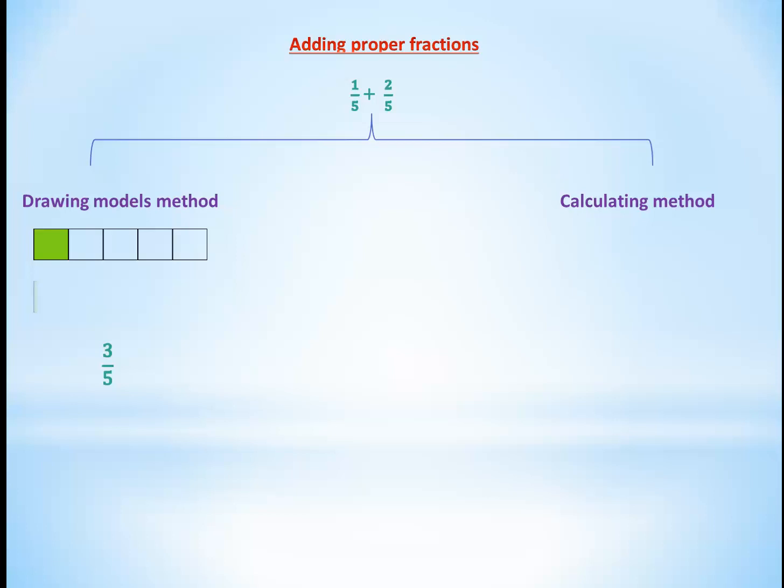This is 1/5 and this is 2/5. So how many do we have? 1/5 plus 2/5 will be 3/5. We will keep the denominator and add the numerator. Keep the denominator 5 and add the numerator. 1 plus 2 equals 3/5.